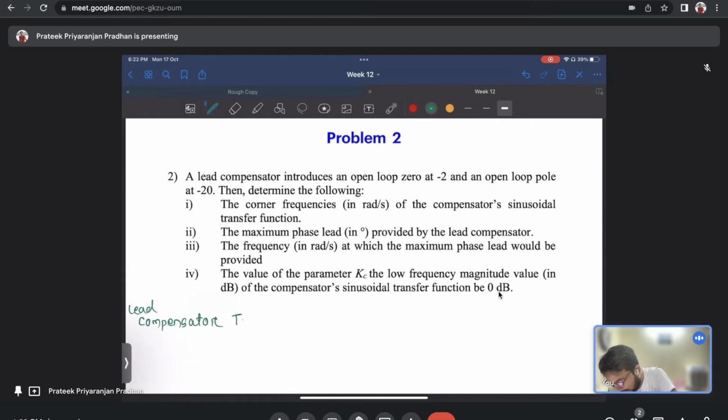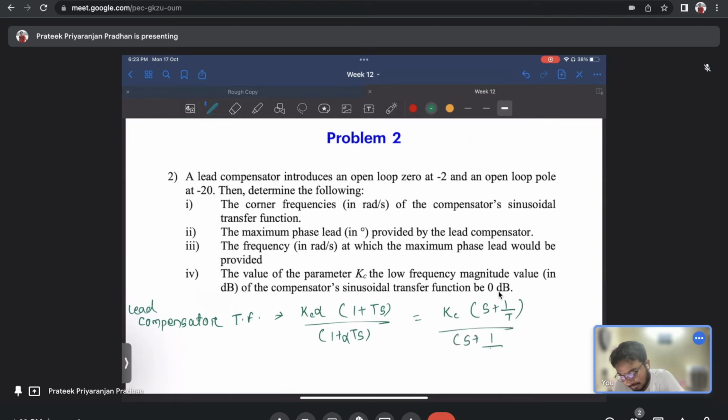Its transfer function is Kc alpha (1 plus ts) divided by (1 plus alpha ts). Also I can write it as Kc times (s plus 1 by t) divided by (s plus 1 by alpha t).